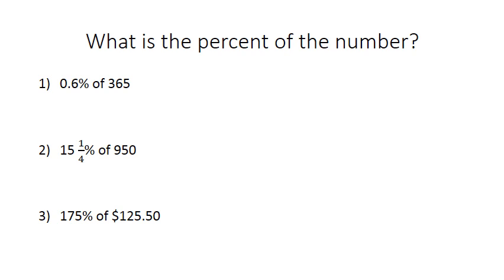So that means that 2.19 out of 365 should be equal to 0.6%.